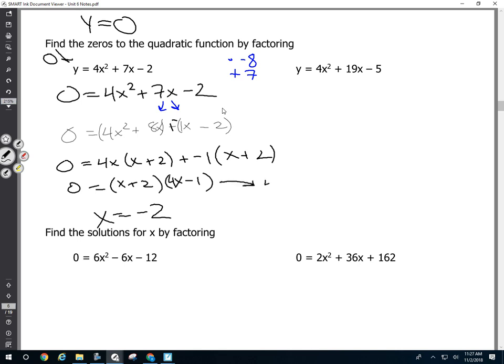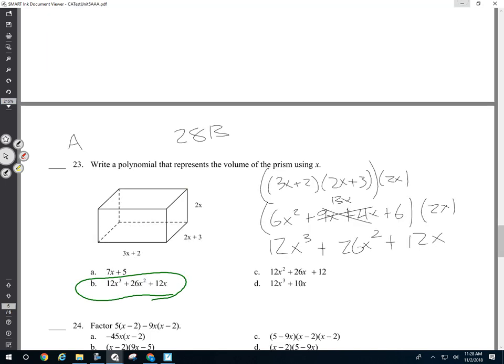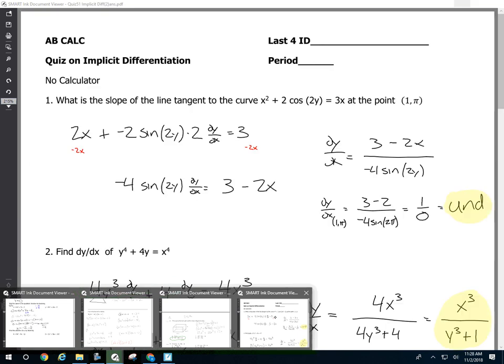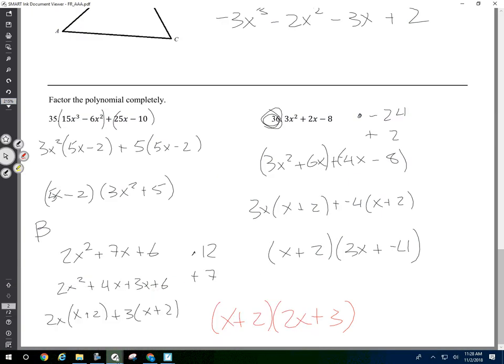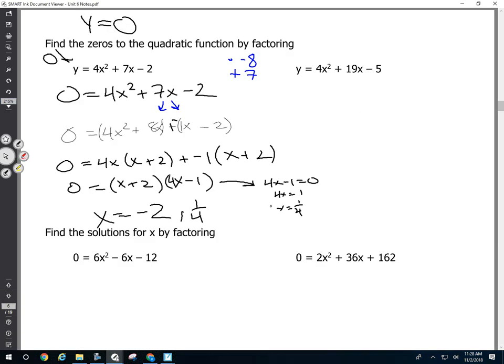But the other solution comes from when this is 0. Add 1, divide by 4. Okay?